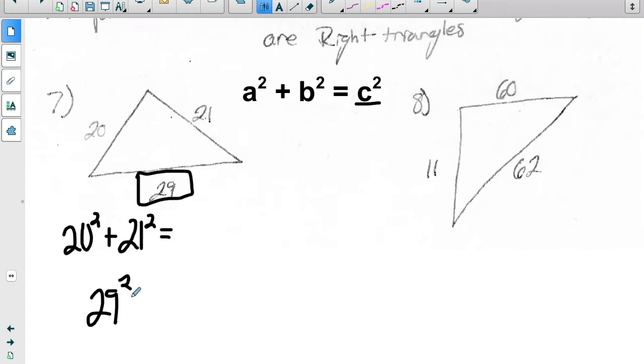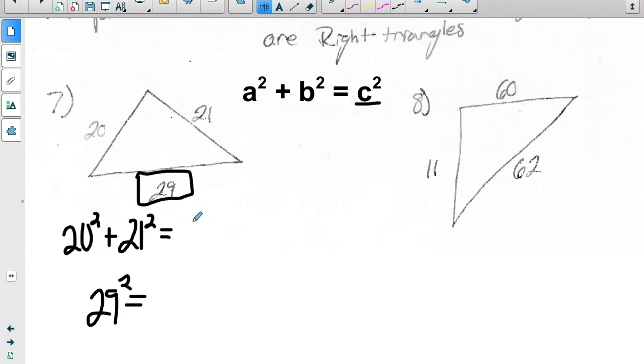Because if this is a right triangle, the two side lengths, 20 and 21, if we square them and add it together, 20 squared plus 21 squared, should equal the value of 29 squared, because 20 and 21 will be a and b. C is 29 because the hypotenuse, c, is always the biggest side length.